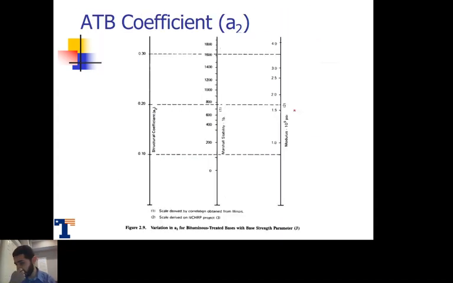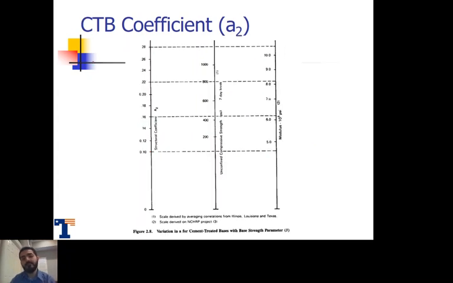There's another one here for ATB, which is for treated bases. Basically, we have the same thing here, the structural coefficient A2, and we have the Marshall stability. That's another test we didn't mention, not highly used nowadays, but if you have A2, the structural coefficient, you can go directly to get the modulus, which is in this column right here.